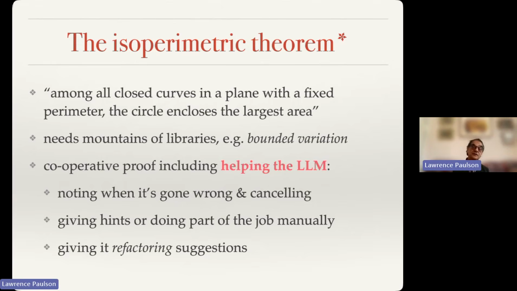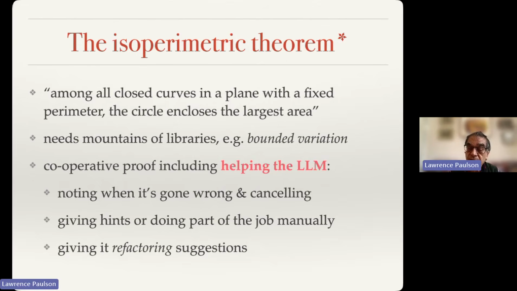Then you can put it out of its misery by clicking the cancel button and seeing if you can give a different prompt. As mentioned, you can do part of your proof in HOL Light to see what it should be proving next, and then you can say, well, according to HOL Light, proving this fact would be really helpful. That can help.